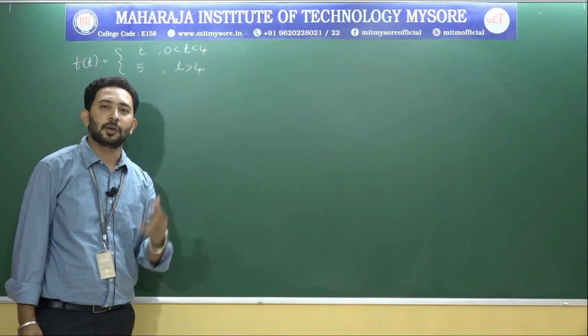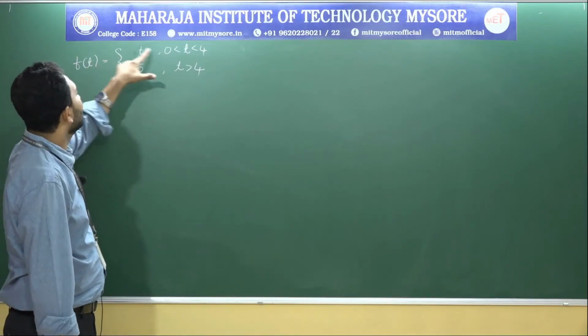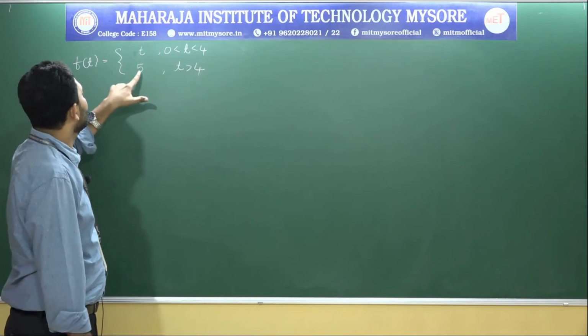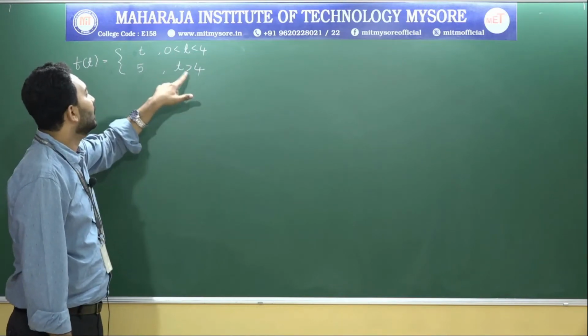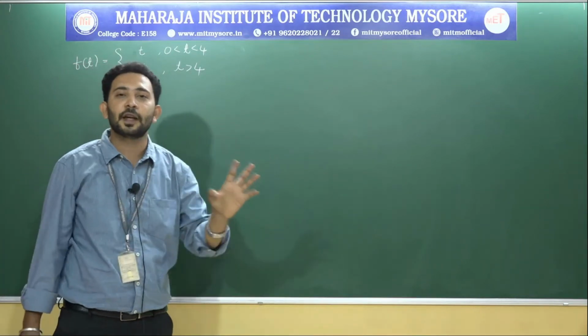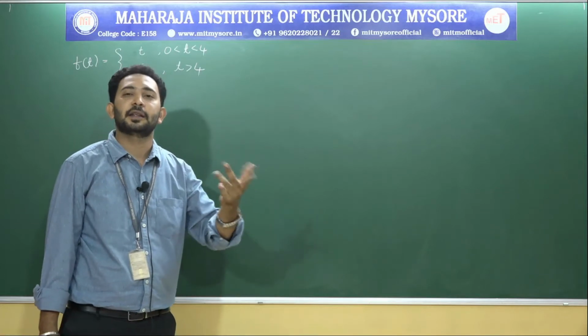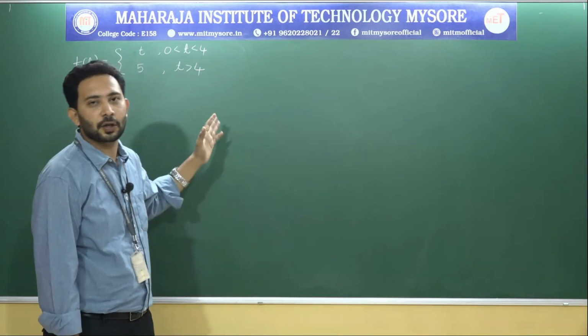Okay. Next problem. So here we have f of t equals t for 0 less than t less than 4, and 5 for t greater than 4. Express this function in terms of Heaviside function first. Then apply the Laplace transformation to solve this.